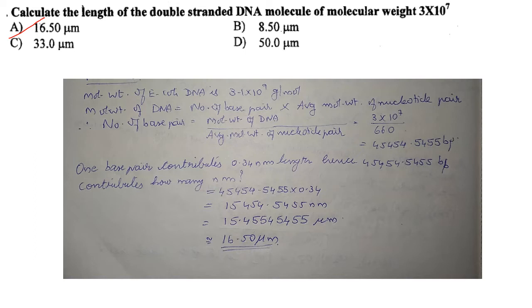And molecular weight of DNA is equal to number of base pair into average molecular weight of nucleotide pair. So number of base pair is equal to molecular weight of DNA by average molecular weight of nucleotide pair. So here the molecular weight of E. coli DNA, I made a mistake while writing that. It is actually the molecular weight of DNA molecule as given in the question, that is 3 into 10 raised to 7 grams per mole.